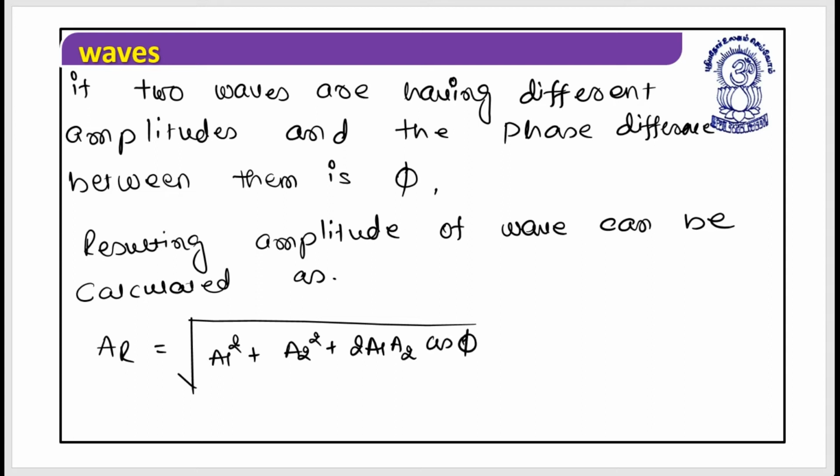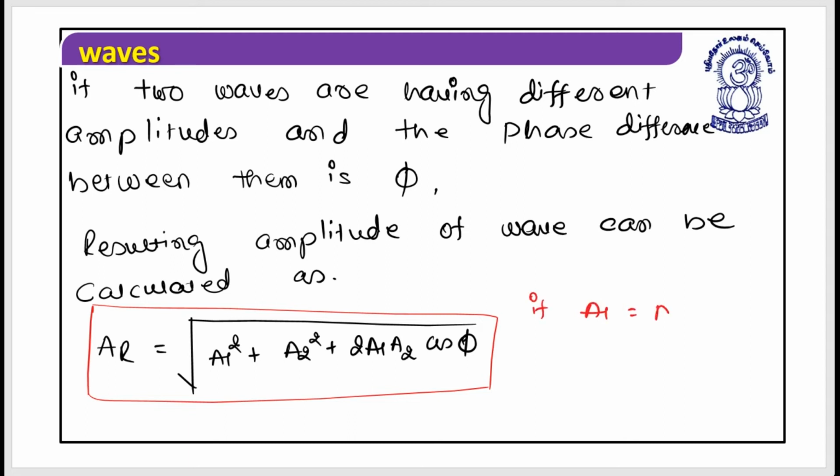Yes, this is the same as we have done for finding the resulting vector. Please note this. This will help us in the coming numericals. So if amplitudes are the same, if A1 equals A2, then you are supposed to write AR equals 2A cos phi by 2.